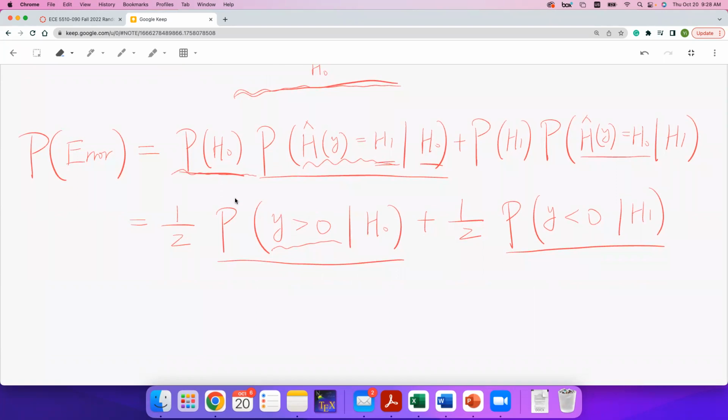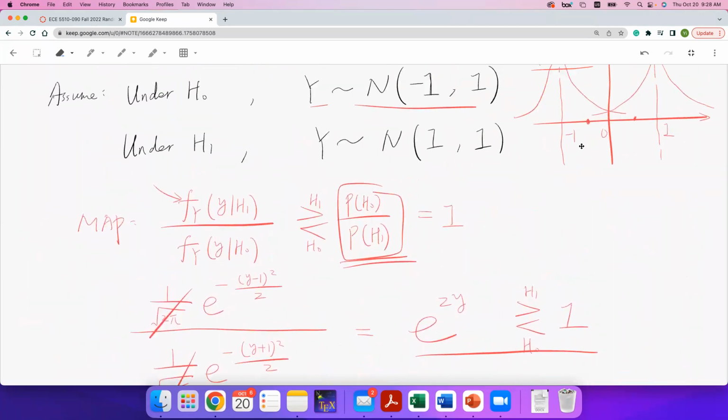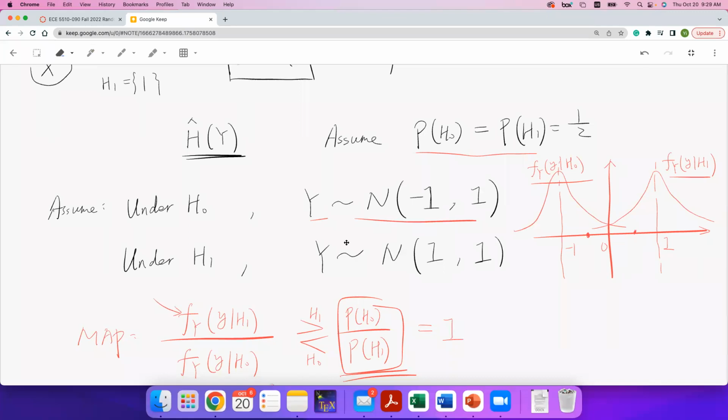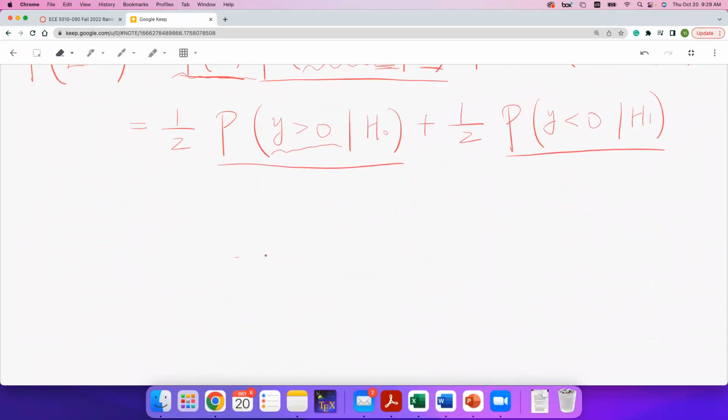Look at this one: the probability of the observation bigger than 0 conditioned on H0. If you look at this figure, conditional on H0, the PDF of the observation is a Gaussian centered at -1. And we want to calculate the probability that y is bigger than 0. Let me draw it here, this one.